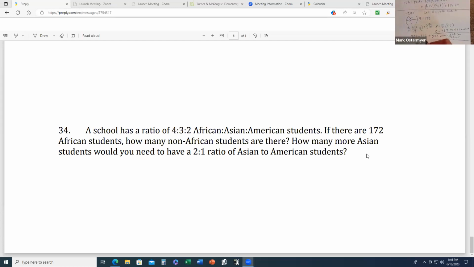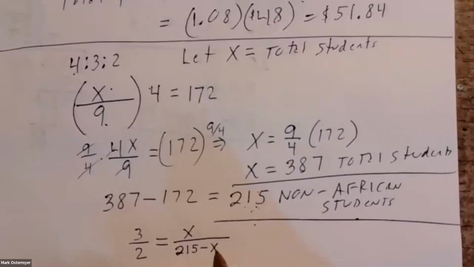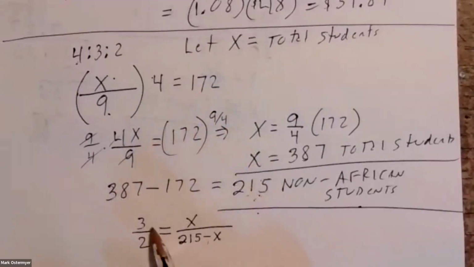We'll call the number of Asian students X, and the number of American students 215 minus X, because 215 is the total number of non-African students. Suppose we have X Asian, therefore we must have 215 minus X Americans, correct? Yes. All right, now we're going to solve this for what?